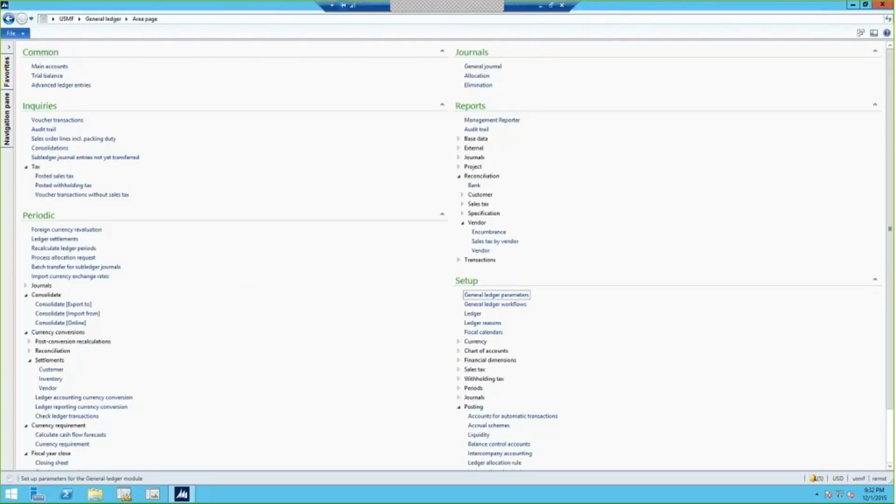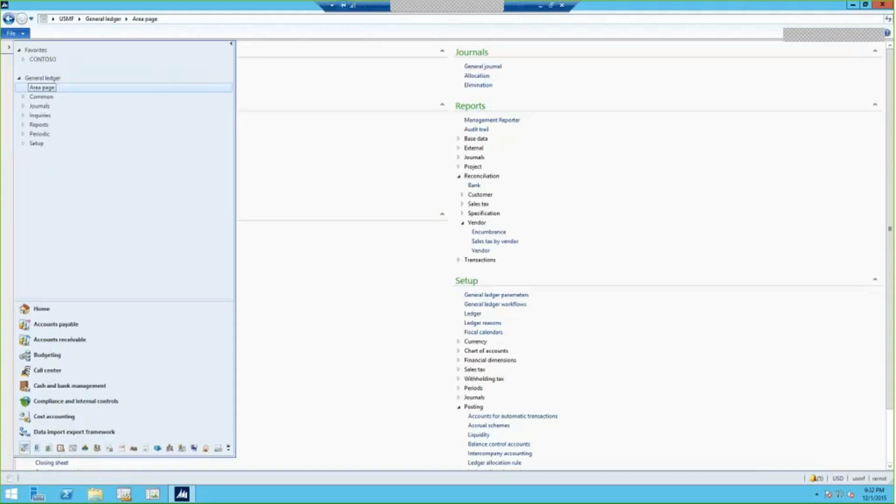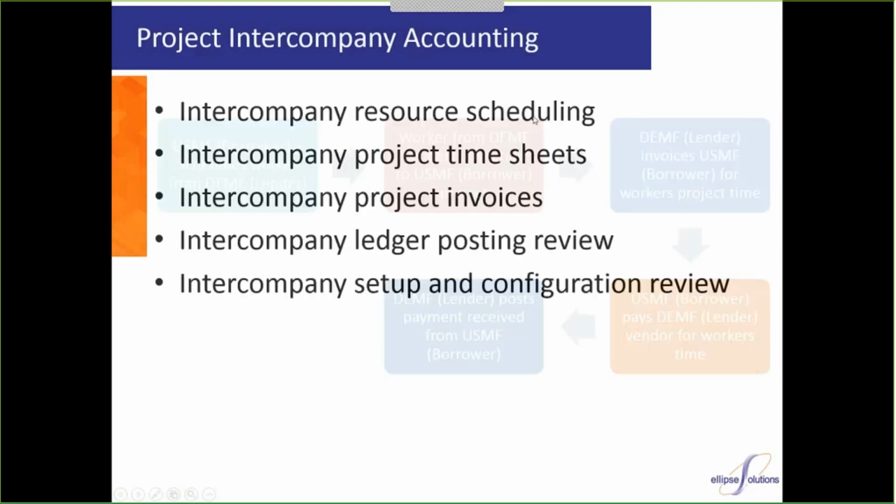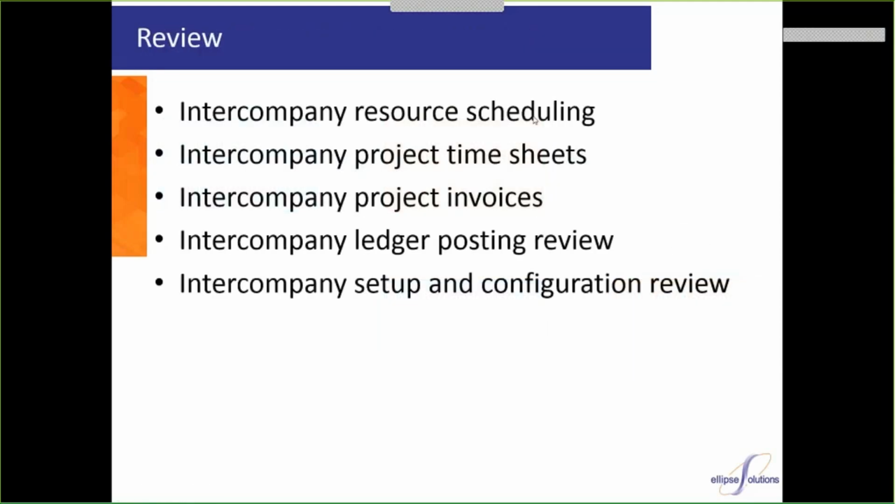Okay, let's go back to our PowerPoint. Recap. We took a look at intercompany resource scheduling. We scheduled Dawn from the lending company onto a project into the borrowing company.